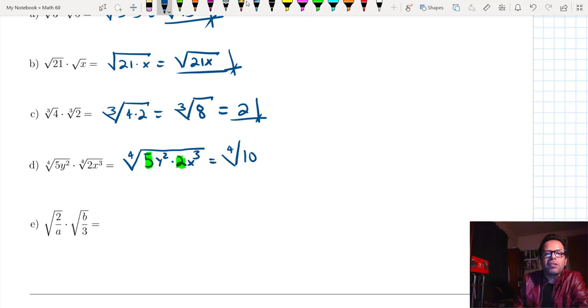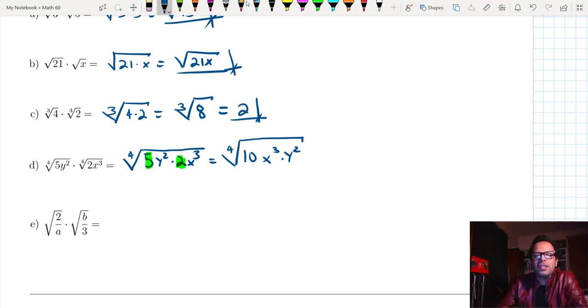So 10 times, let's write this in alphabetical order, x cubed times y squared. Now, let's look at each of the factors. The number 10 is not a perfect fourth power. In other words, there is no number whose fourth power equals 10.